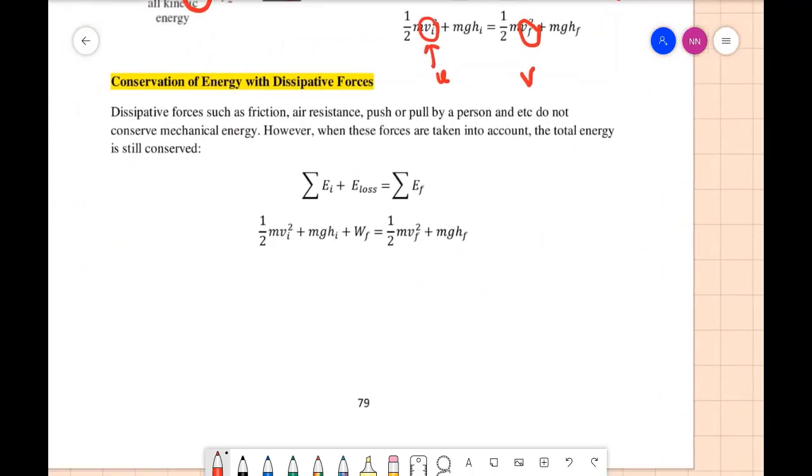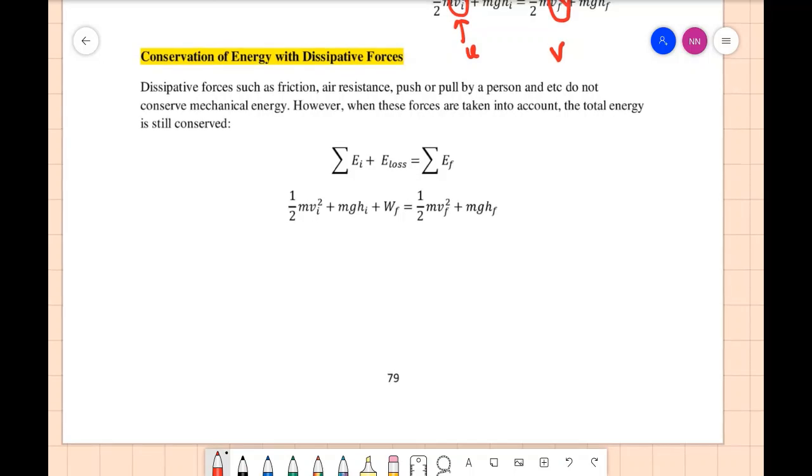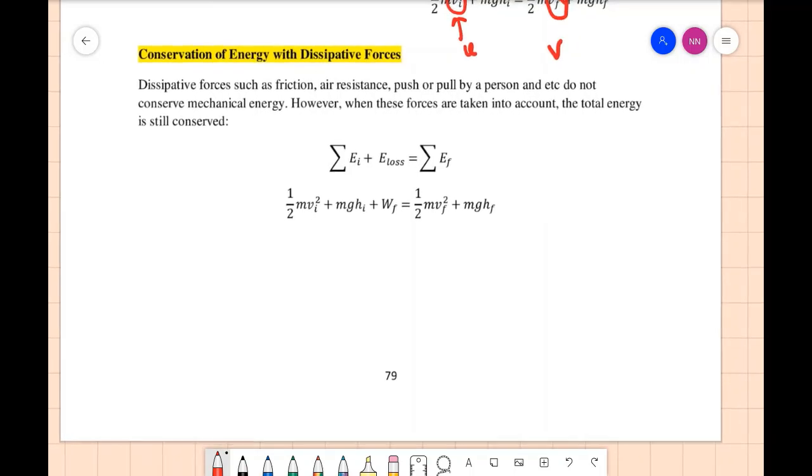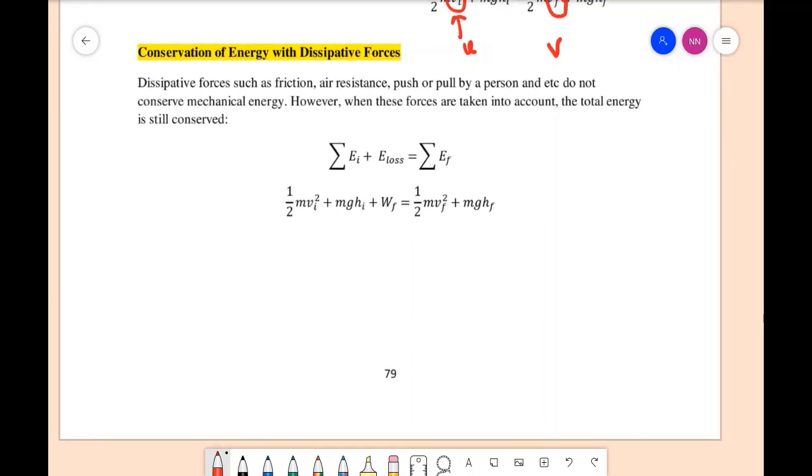Let us discuss conservation of energy with dissipative forces. Dissipative forces such as friction, air resistance, and push or pull by a person do not conserve mechanical energy. However, when these forces are taken into account, the total energy is still conserved, so it still obeys the principle of conservation of energy. So total energy initial plus total energy loss equals total energy final.